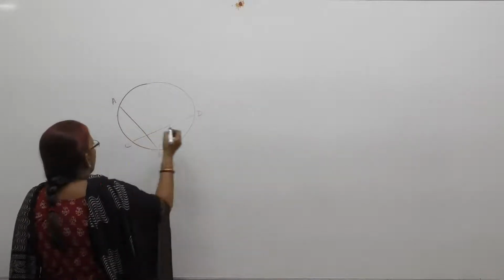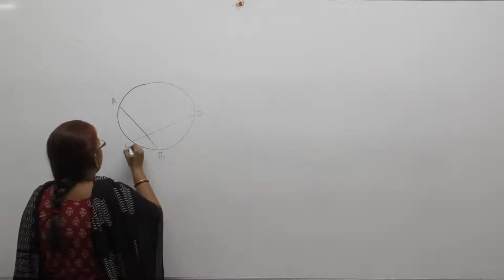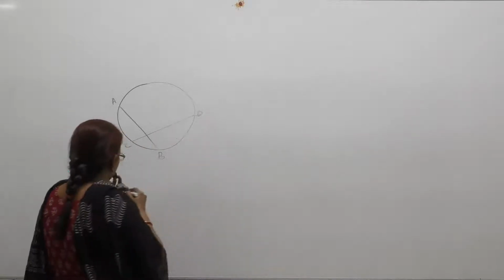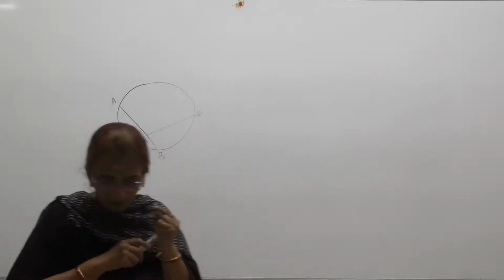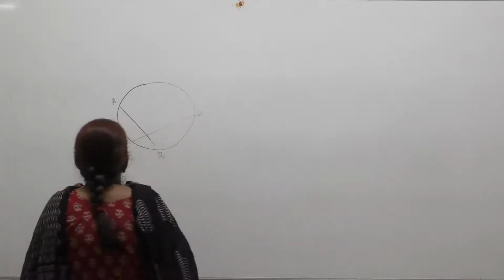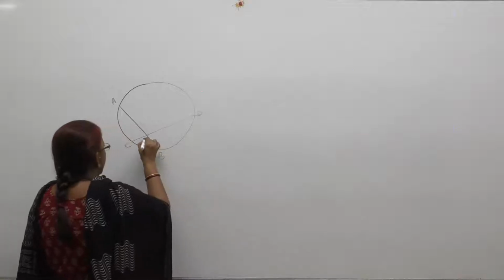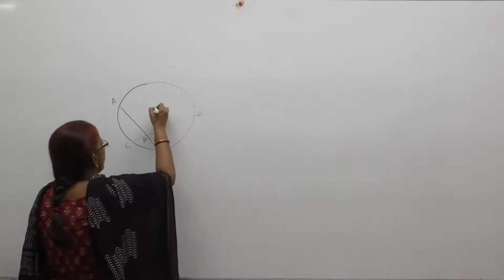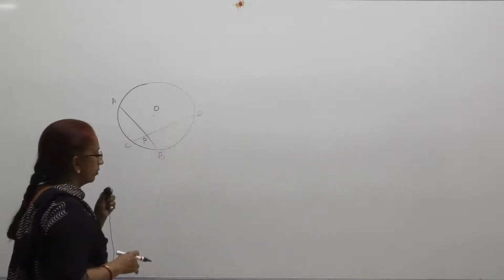So there are two chords AB and CD, and they've been given as equal chords. Let us assume that they intersect at the point P, and this is the center of the circle.